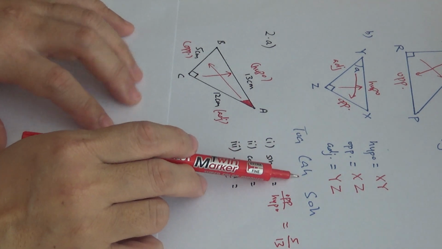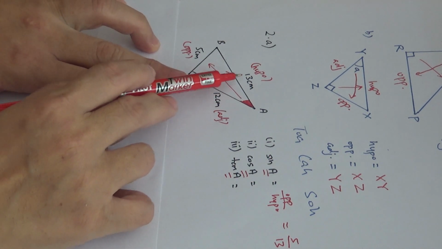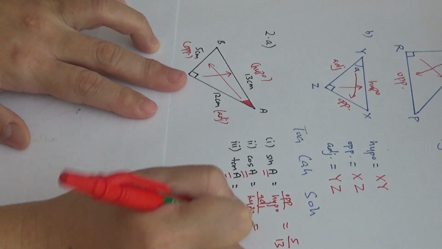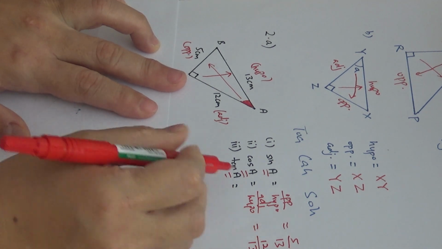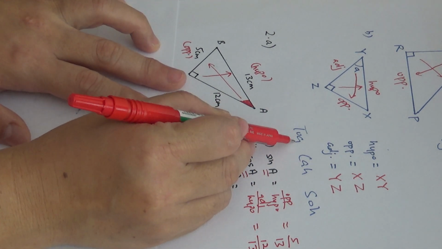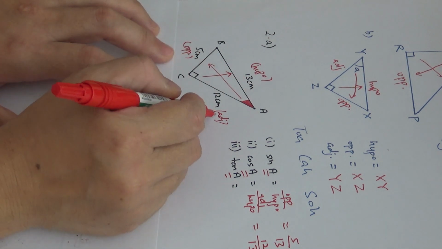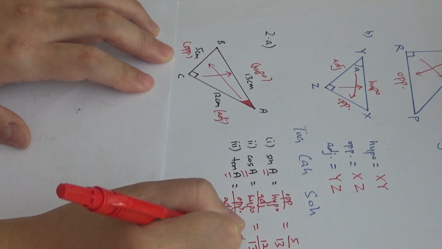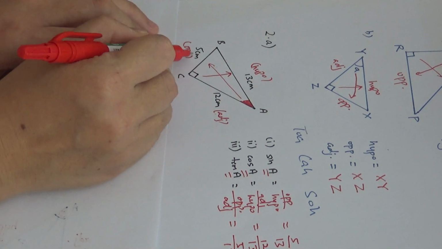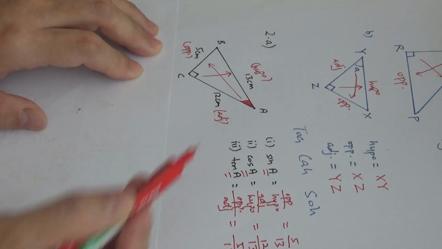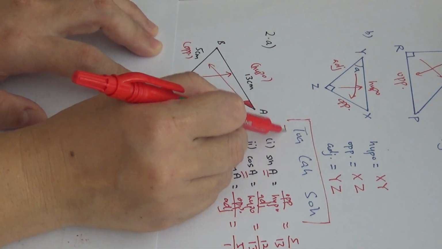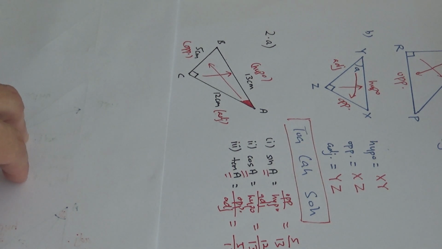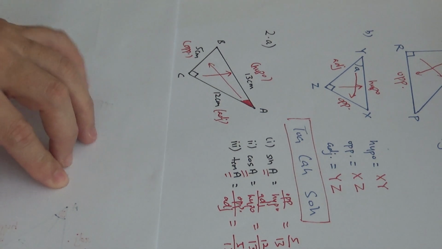Cosine is adjacent over hypo, so it's 12 over 13. And tangent is opposite over adjacent, so it's 5 over 12. So we always use this tuakaso to help us find sine, cosine, tangent of an angle.